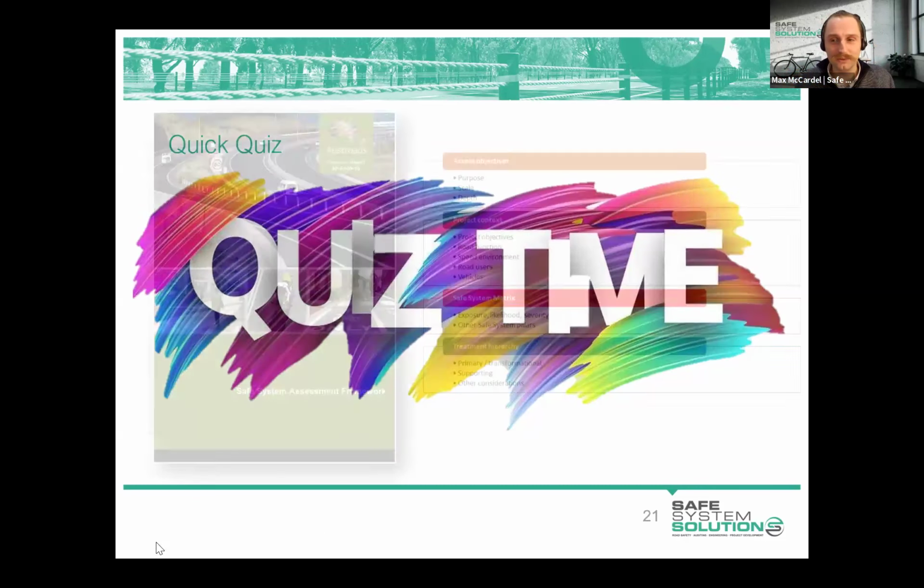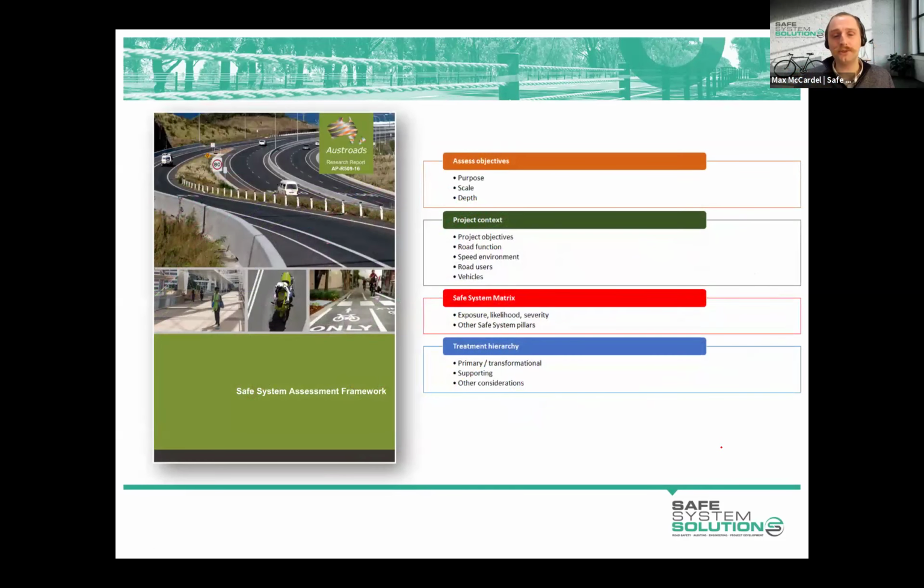Instead, what we will flick through is the Austroads Guide to Safe System Assessment Framework. So this was developed 8 years ago now, and this is largely what we will be referencing.